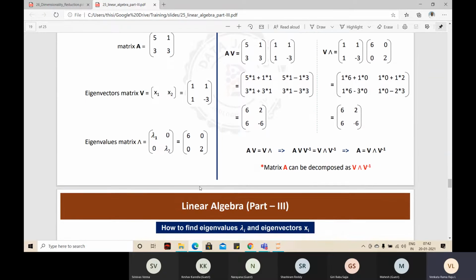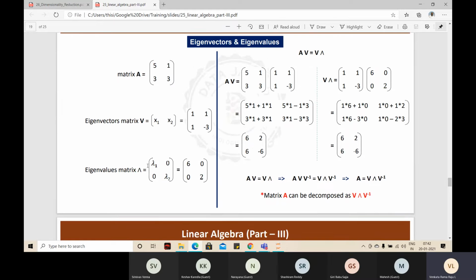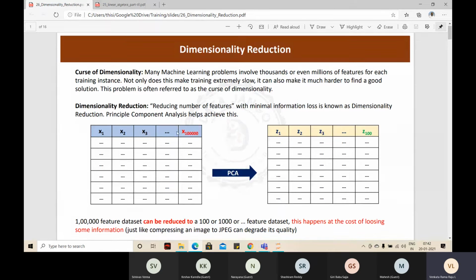And now when you look at dimensionality reduction, the matrix is not a square matrix. First point is the data set is not a square matrix, and we are trying to extract the covariance from the data set.